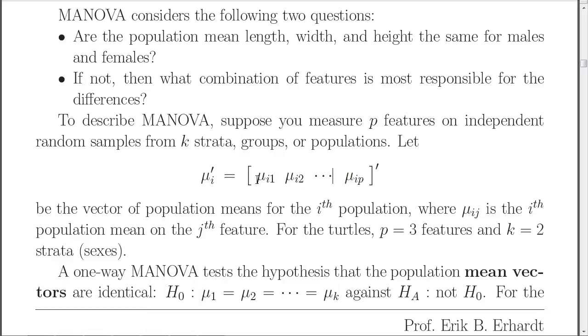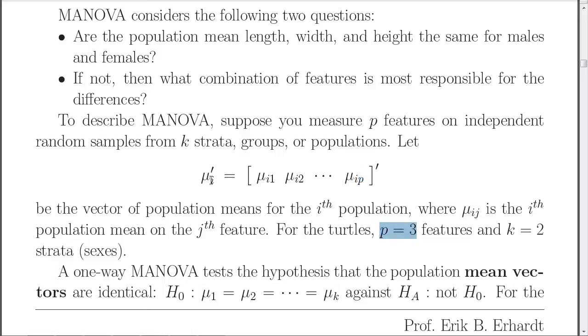So i here is the ith population. So when i equals 1, that's females, and when i equals 2, that's males. Then we have our P features, 1, 2, up to P, and in our case we have 3 features.